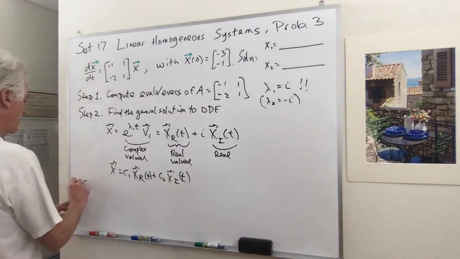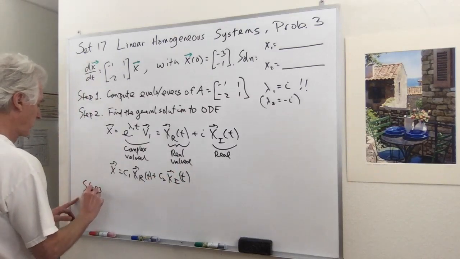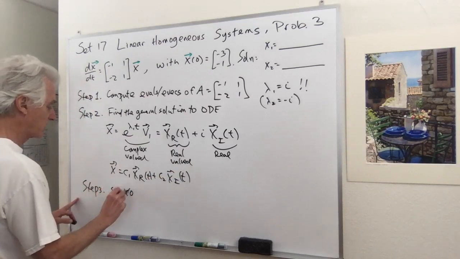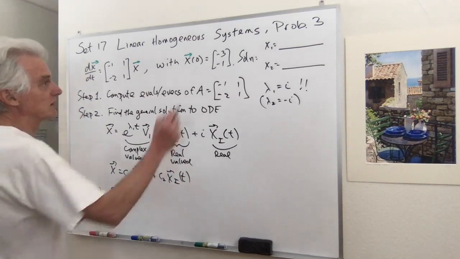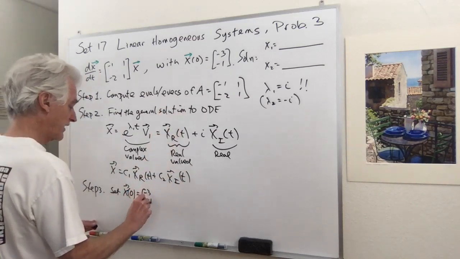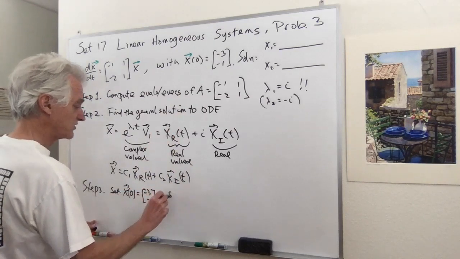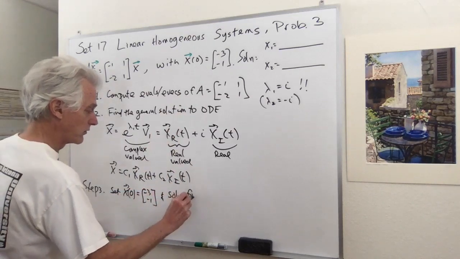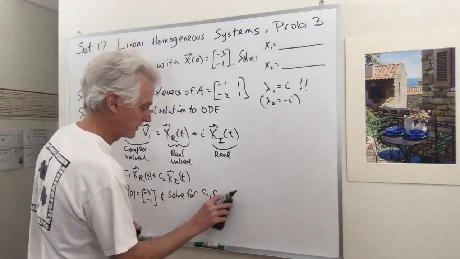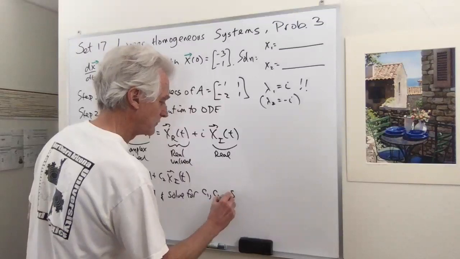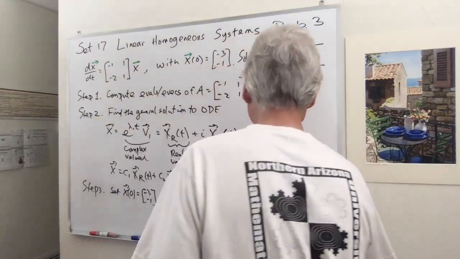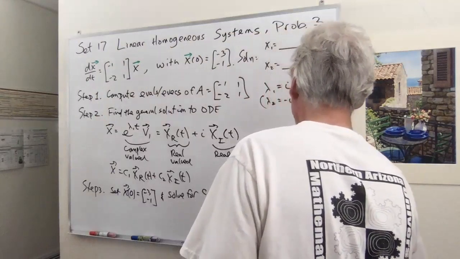And then step 3 is, okay, set x of 0 equal to, in this case, [-3, -1], and solve for c1, c2, and then substitute those back into the general solution.